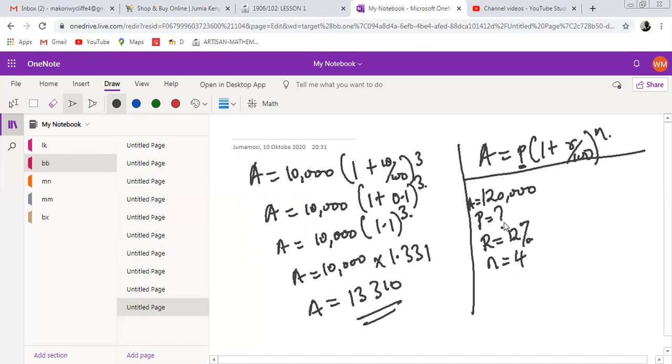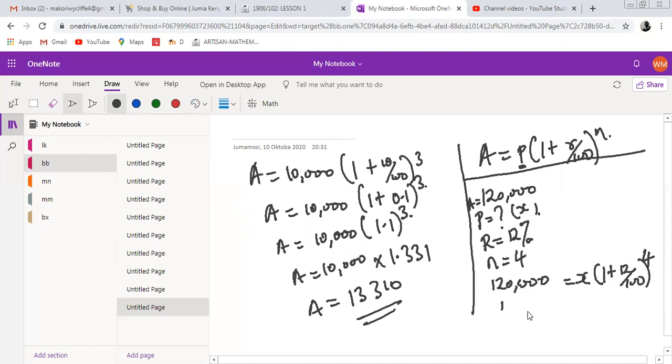But we are told the bank where this money was invested pays a compound interest rate of 12%, and it took 4 years for this amount to accumulate to 120,000. So this person invested a certain amount of money, which we can say is X, in a bank that pays an interest of 12% compounded, and the time period is 4 years. So amount, which is 120,000, should be given by the principal, which we don't know, into 1 plus 12 over 100, raised to power 4.